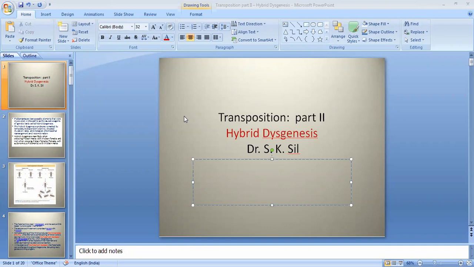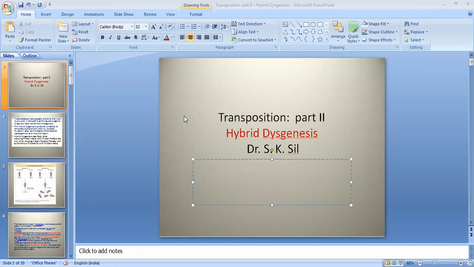So in the last class, we discussed transpositions, types of transpositions, isomers in bacteria, and transpositions in bacteria again. Now today we'll discuss a specific topic, hybrid dysgenesis that occurs due to transposition of P elements, the transposition in Drosophila.